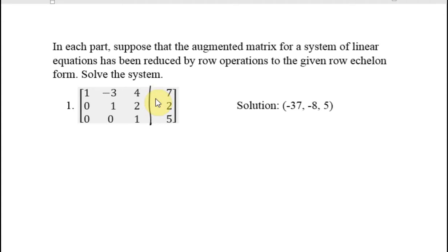It's in row echelon form, but now you want reduced row echelon form. So we're going to use this one. Notice that the first column is set for us, so I come to the second column, I go to A22, and now I want to get a 0 above it. We already have a 0 below it, so we'll say here 3 times row 2 plus row 1.